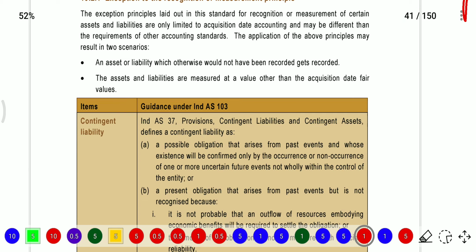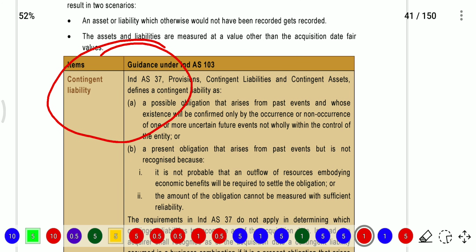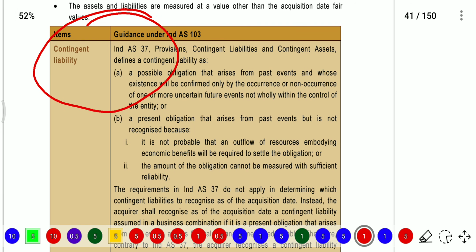The contingent liability is otherwise calculated as per Ind AS 37, Provisions, Contingent Liabilities and Contingent Assets. Normally we will consider fair value, but for that we are providing some exceptions. If you have any contingent liabilities, only when you can measure them reliably will we consider that contingent liability.